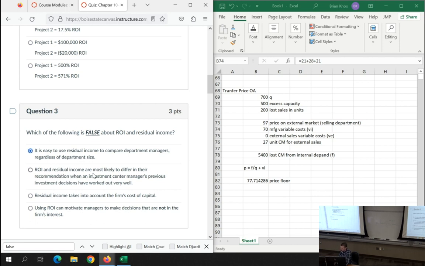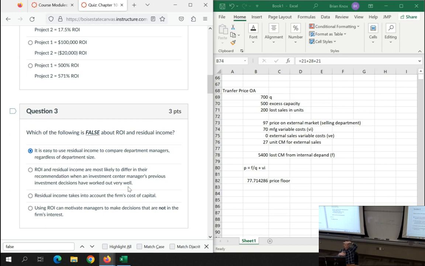ROI and residual income are most likely to differ in their recommendation when an investment center manager's previous investment decisions have worked out very well. All right, me being tricky again. If your investment decisions have worked out really well, does that mean you as a manager likely have a high ROI or a low ROI? You probably have a high ROI because you've done really well. And so that means it's more likely there's a big donut hole between your ROI and the firm's cost of capital.